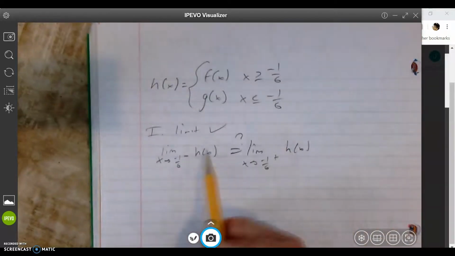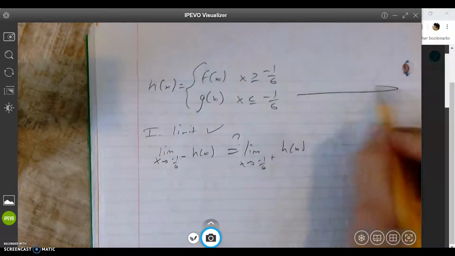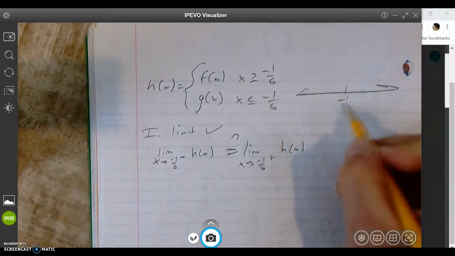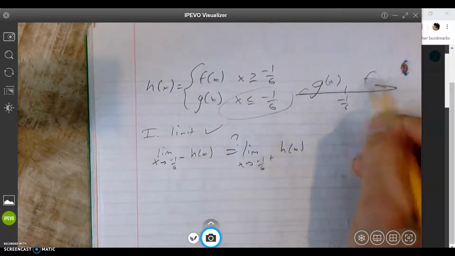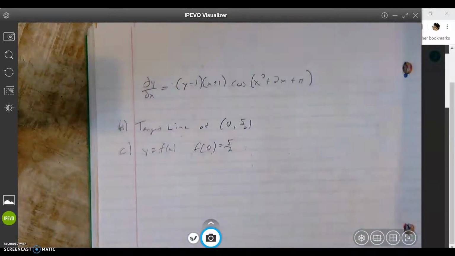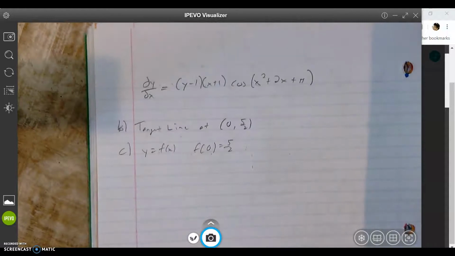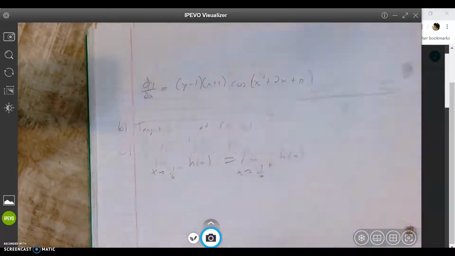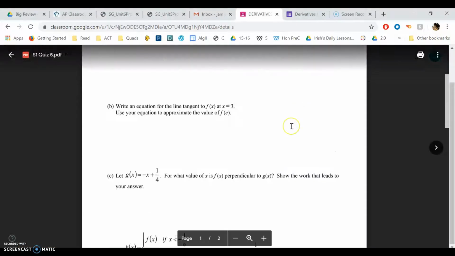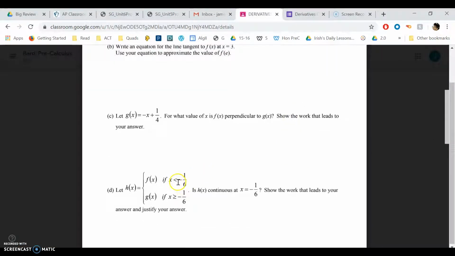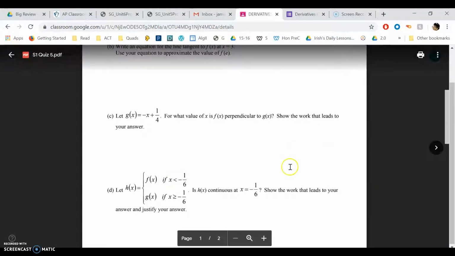If you don't have this notation, make sure you write it down with me as we do it. Alright? So from the left, if I was to draw this, this is negative 1/6, and from the left you have g of x, and the right is f of x. Is that right? Or did I mess that up? Let me look at the page again. Okay, I messed it up, my bad.